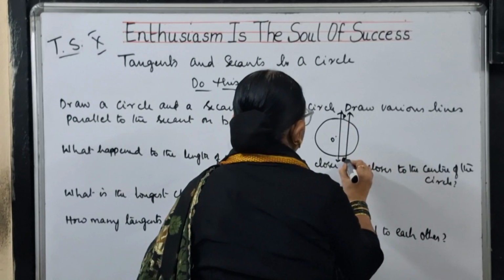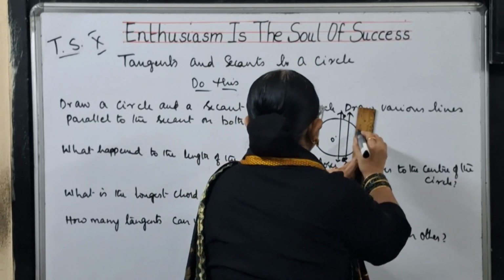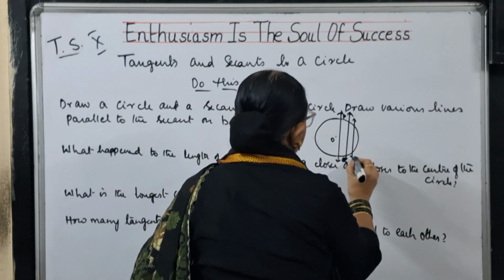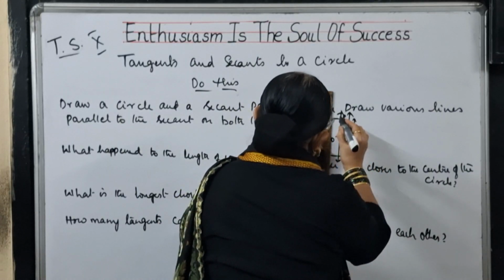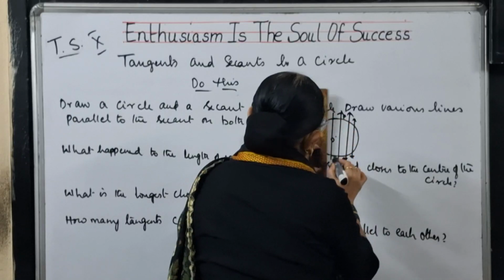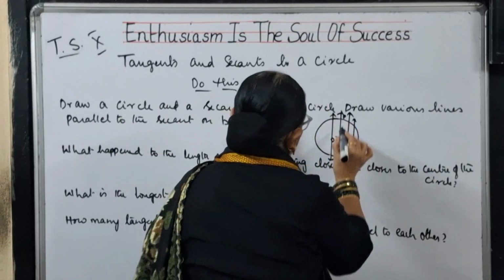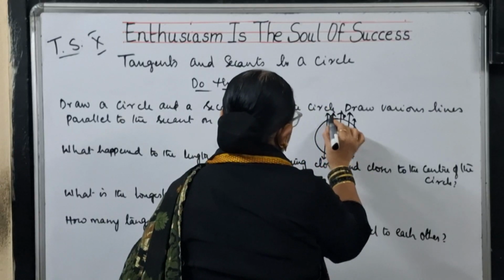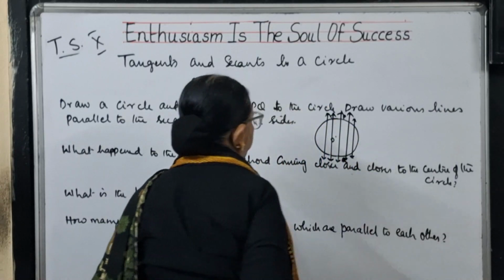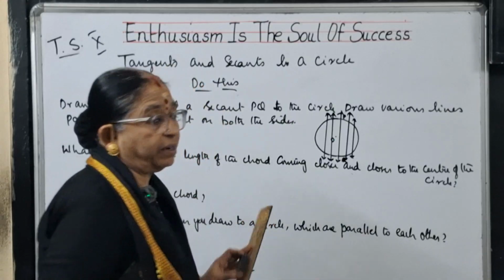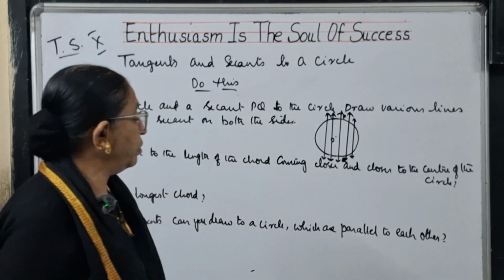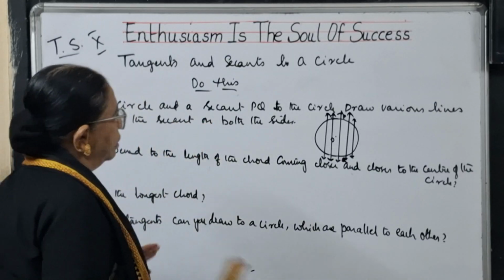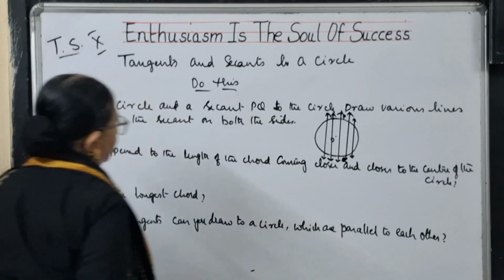This is one and this is two. These are parallel to the secant. Similarly, on the other side also, you have to draw parallel lines. See children, this is not a construction, so I am doing it directly. When drawing constructional parallel lines, we have to use instruments. So this is the solution that is given here.